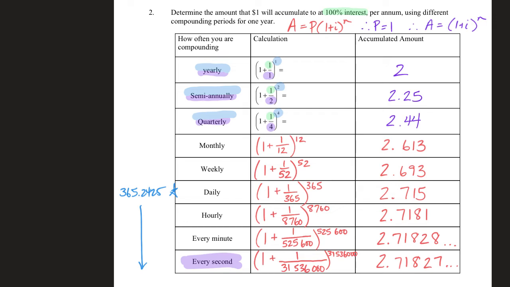If we came back up and examined our quarterly, and we moved away from money and started to think about people, about living things. Living things grow throughout a year.